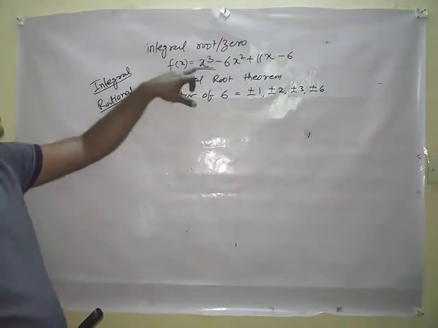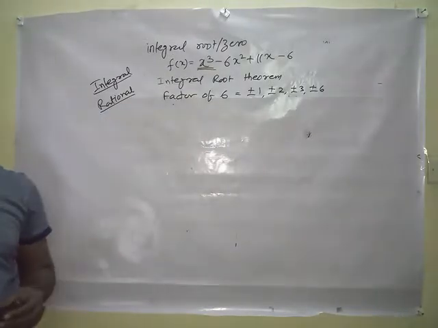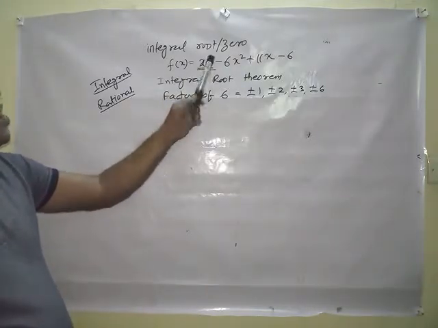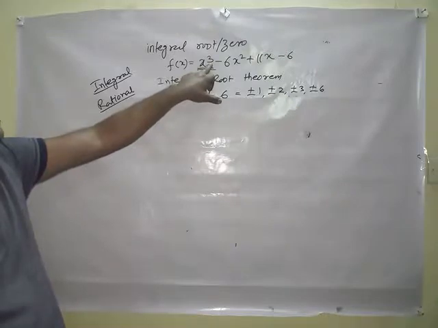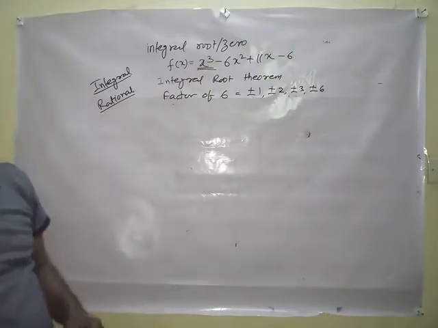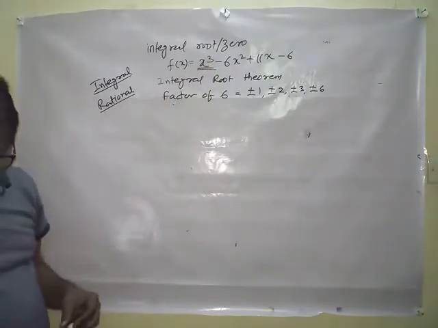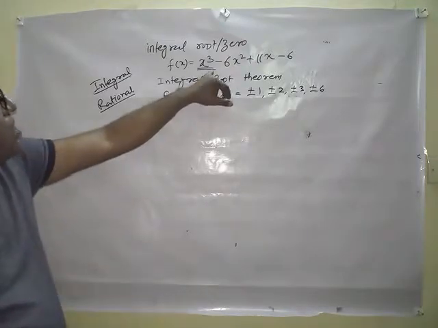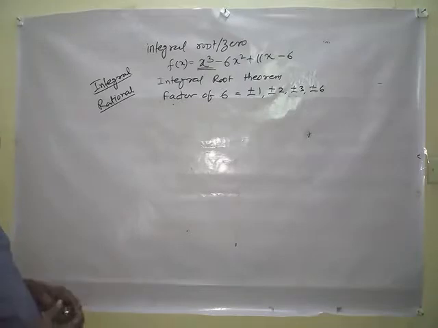How many factors can this equation have? This equation can have a maximum of 3 factors because the highest degree is 3, which is a cubic. So 3 factors it can have. Let us find them one by one.